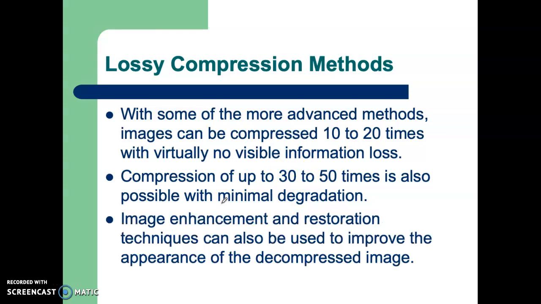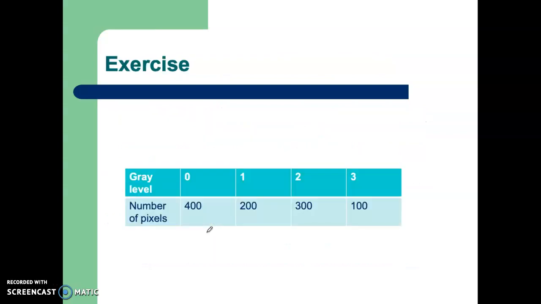Image enhancement and restoration techniques can also be used to improve the appearance of the decompressed image. One way to address lossy compression is post-processing, where you follow the compression technique with image enhancement or restoration.